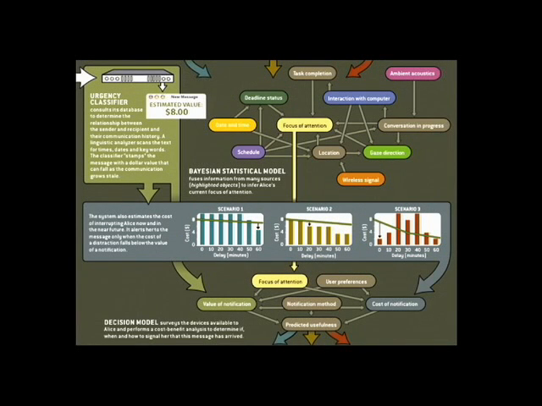All right, reasoning about attention. There's been a lot of work done at Microsoft by Eric Horowitz, amongst others, on this problem. And Eric came up with this Bayesian solution, which was featured in a special issue on these technologies of Scientific American in 2005.